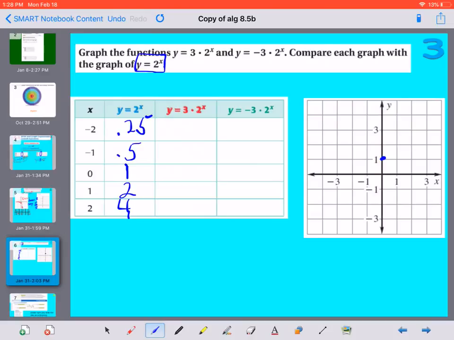At 1, we're going to 2. At 2, we're going to 4. -1 is at 0.5. And -2 is at 0.25.